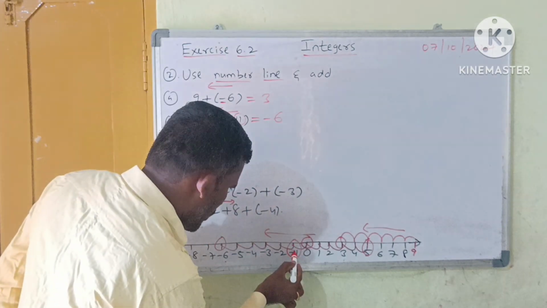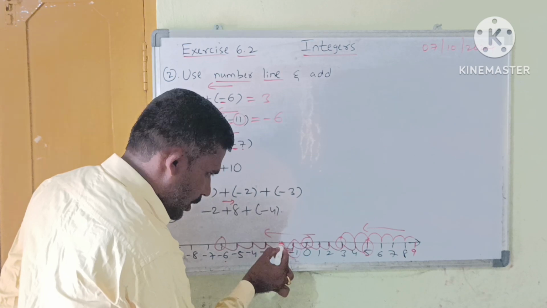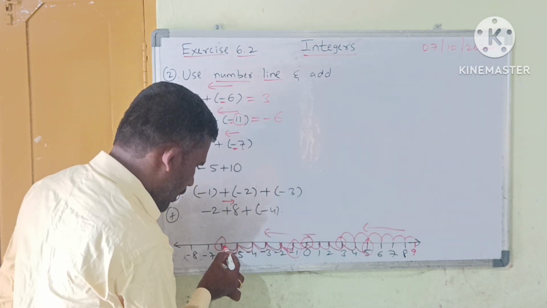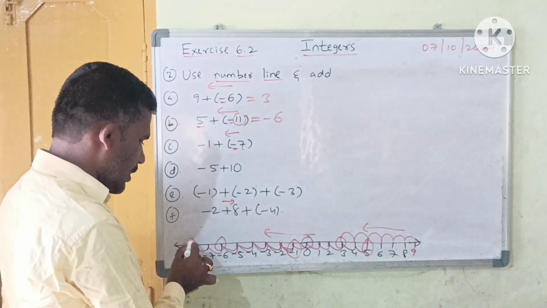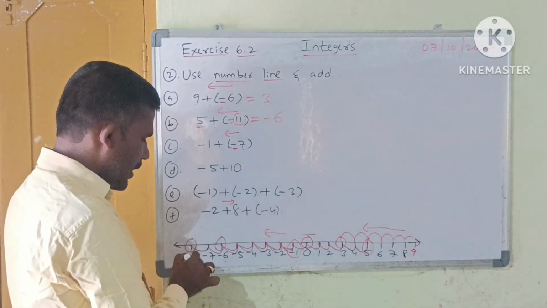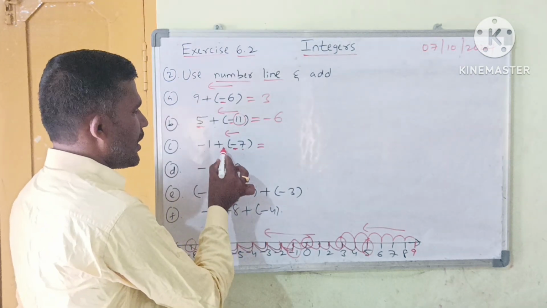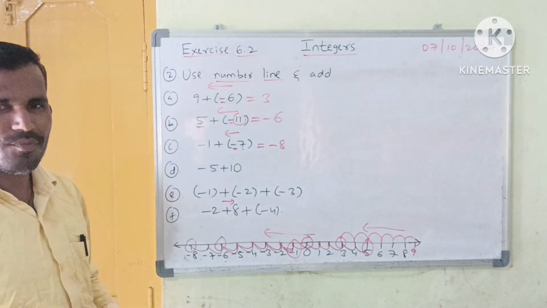So minus 1 to minus 2, 1. Here to here 1, 2, 3, 4, 5, 6, 7. When we move left side 7 steps, we stop at minus 8. So therefore minus 1 plus minus 7 is minus 8.